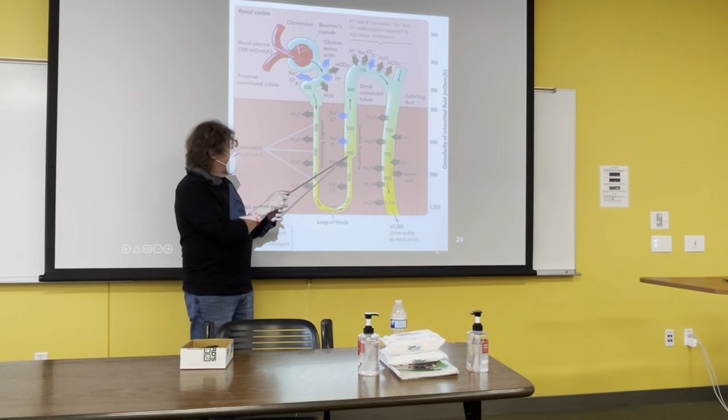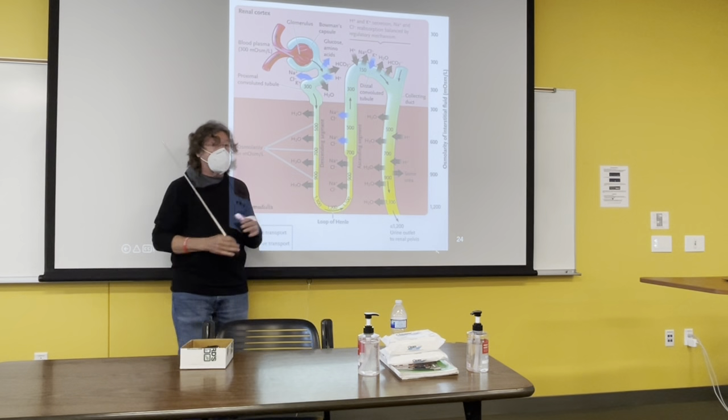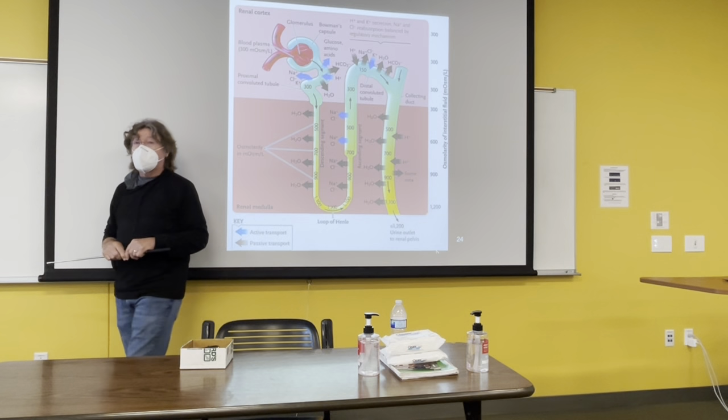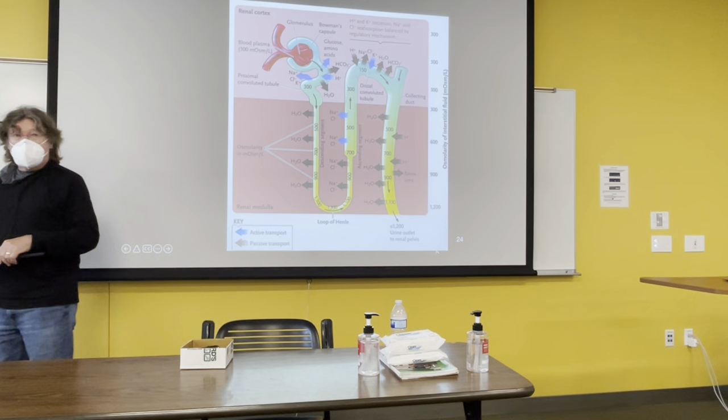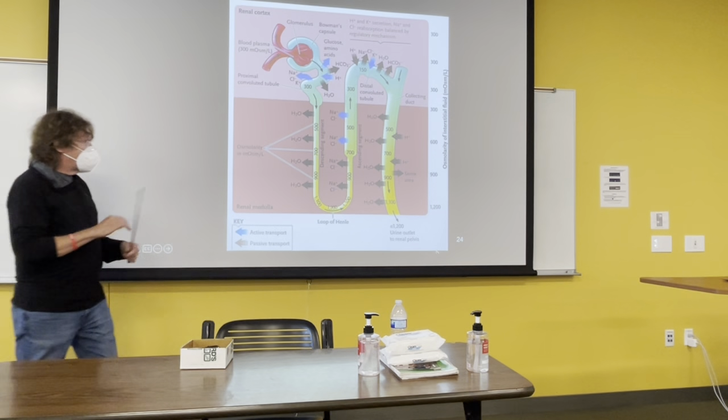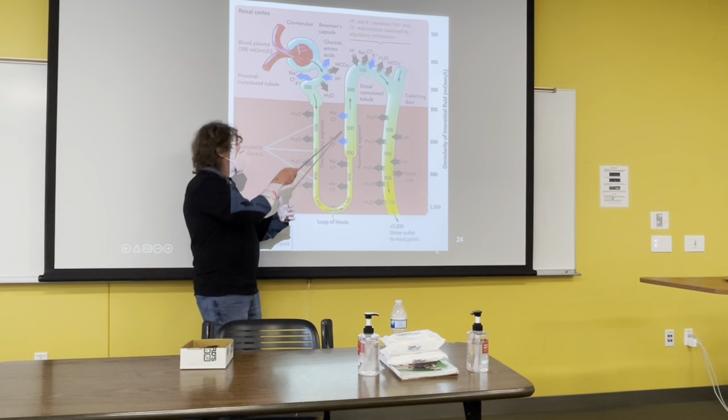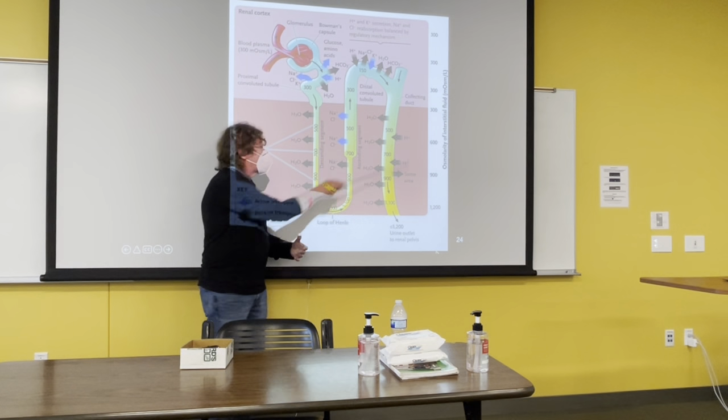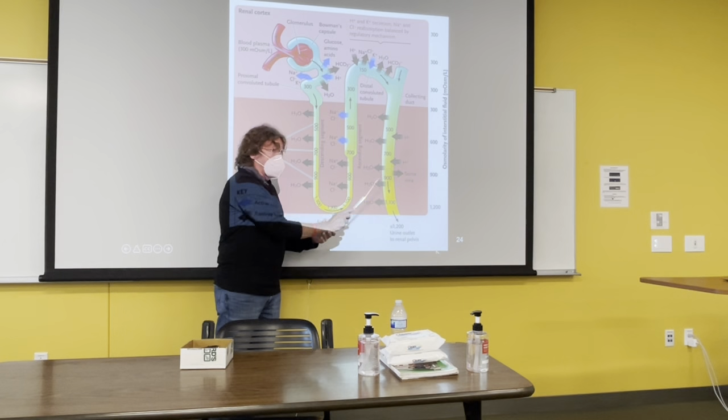Once you get up to about 700, the sodium potassium ATPase actively transports sodium out. This is part of what creates the gradient. It isn't the only thing.